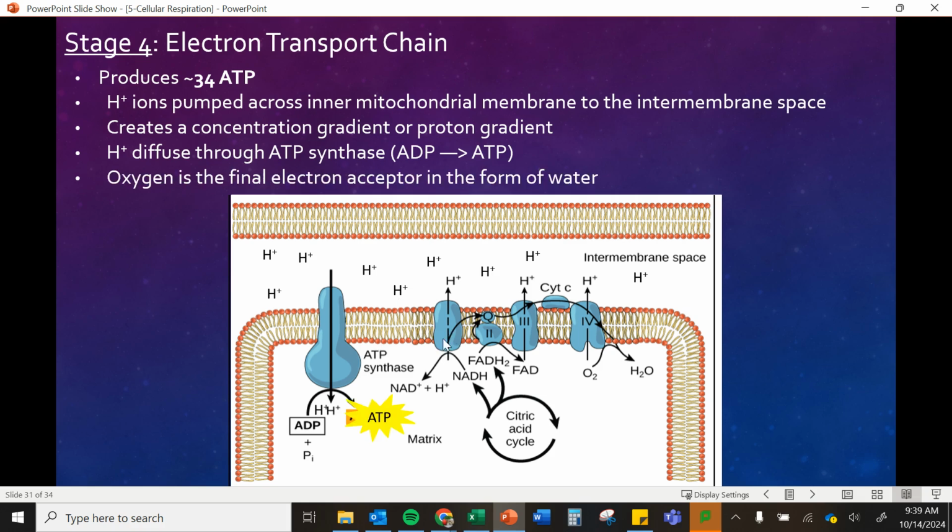Okay, and this is done by passing all these electrons down, similar to the photosystems in photosynthesis. Just these electrons are coming from NADH and FADH2. They go through the electron transport chain, and the final electron acceptor is oxygen. And so that's going to turn that oxygen into water.